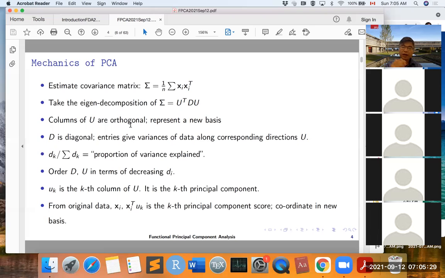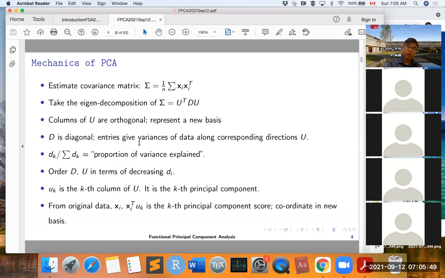These eigenvectors in u are called the principal components. And the D here is a diagonal matrix, where each diagonal element is an eigenvalue of the sample covariance capital Sigma.